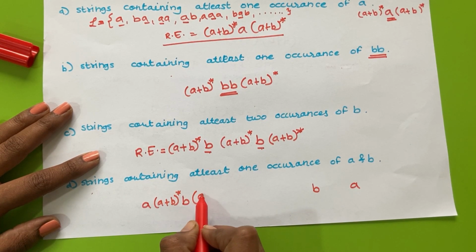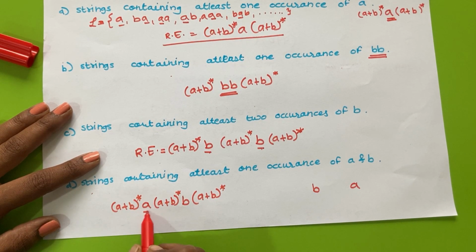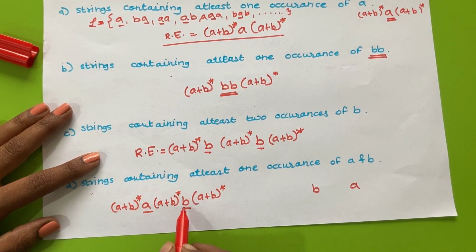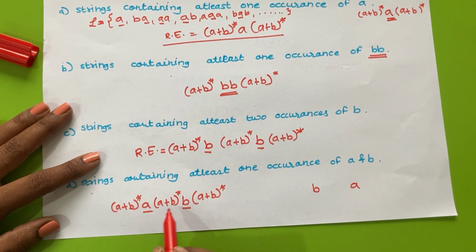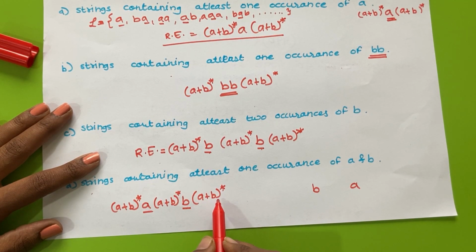Okay, so (A+B)* A (A+B)* B (A+B)* means what? This A and B single time, at least one time is there, and in between these two we can have A plus B for 0 or more times. Before this A I can have (A+B)* 0 or more times. After this B I can have (A+B)* 0 or more times.